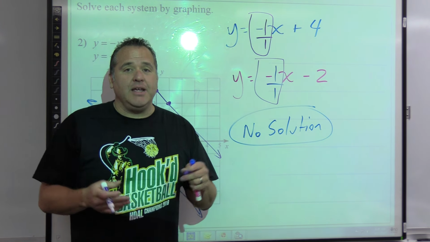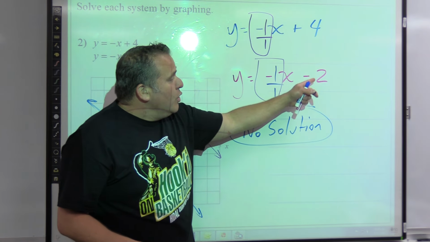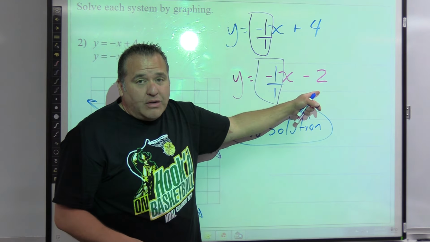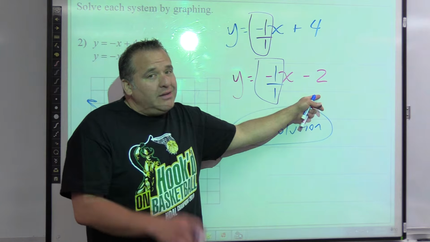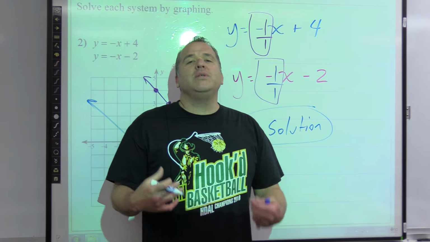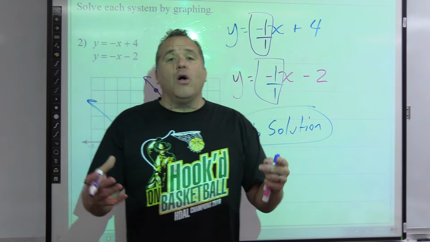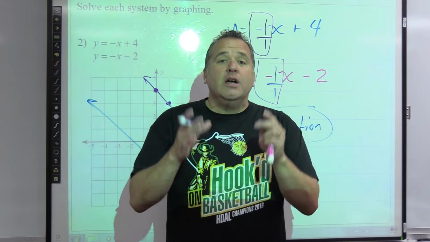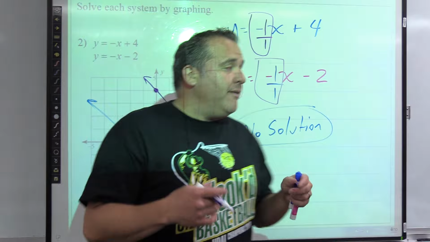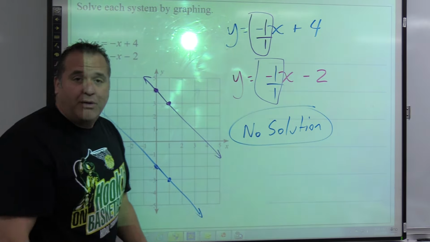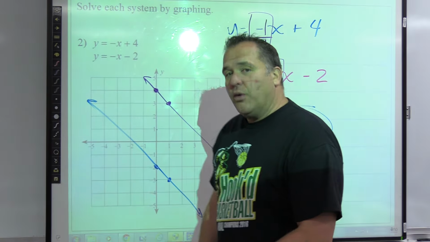Because they are the same, and your y-intercepts are different, you are not going to have a solution. Those lines will always be parallel when the slopes are the same and the y-intercepts are different. So that is what happens when you have two lines that just don't meet because they're parallel. You get no solution. All right?